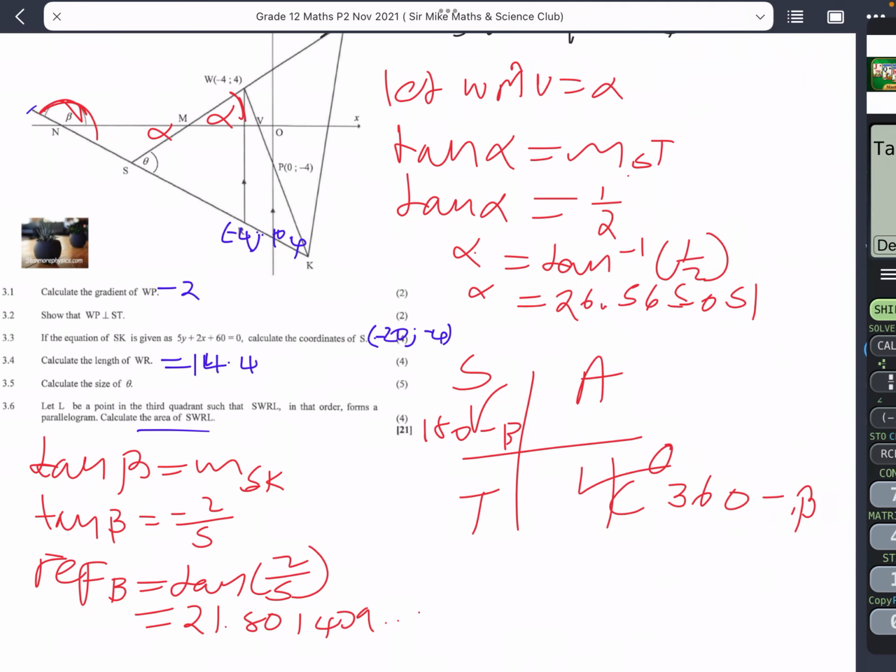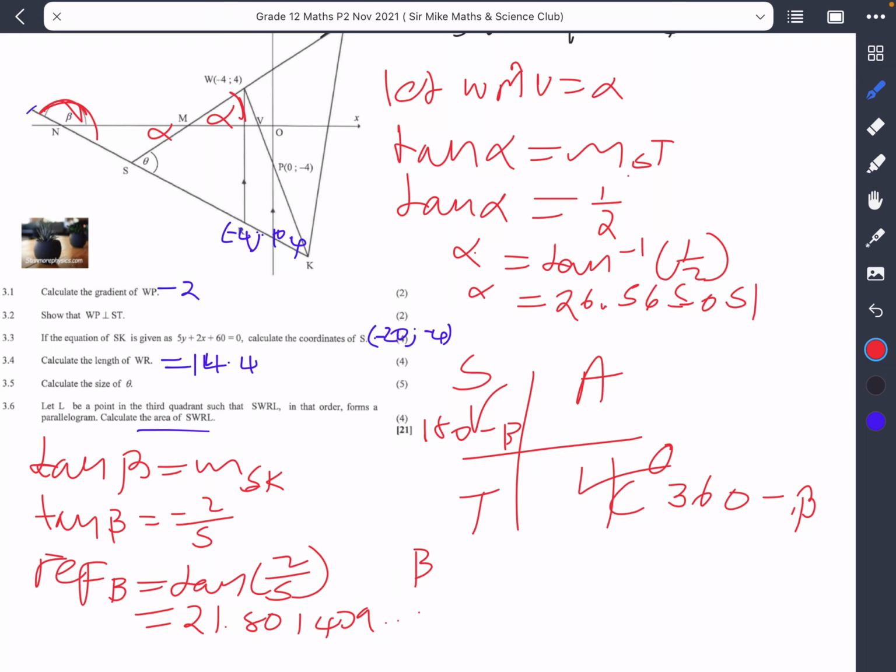To find the angle beta, we said the solution will be in the second quadrant. So beta would simply be equal to 180 minus the reference angle of beta.